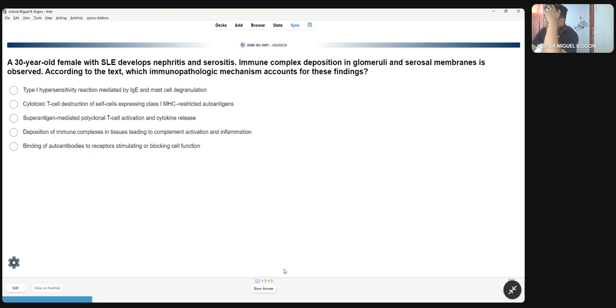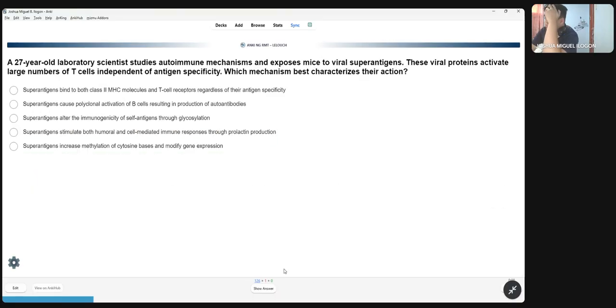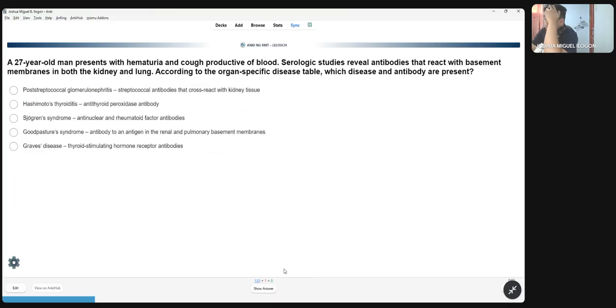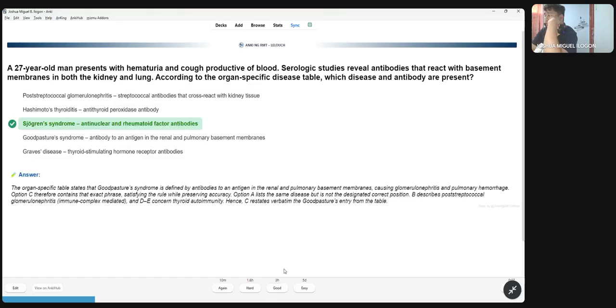Nephritis and serositis. Immune complex deposition in glomeruli and serosal membranes is observed. That's your Goodpasture's.